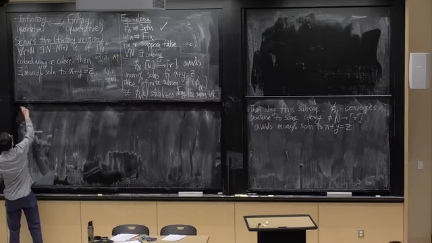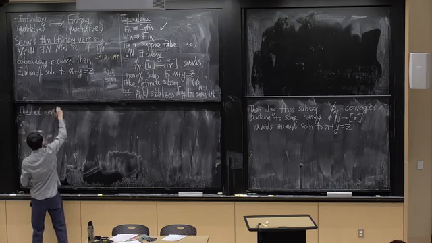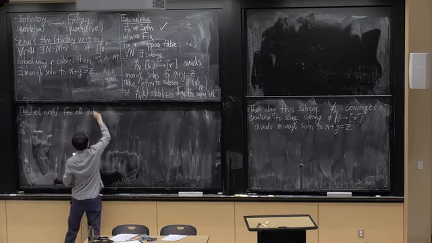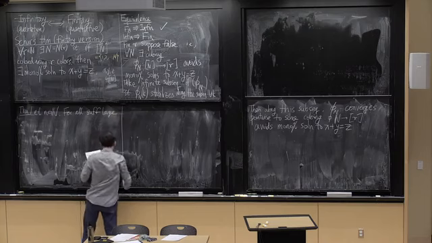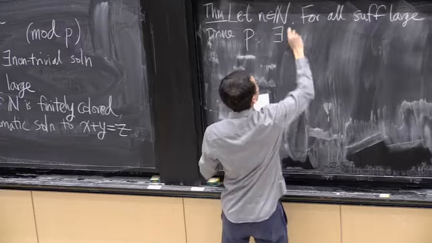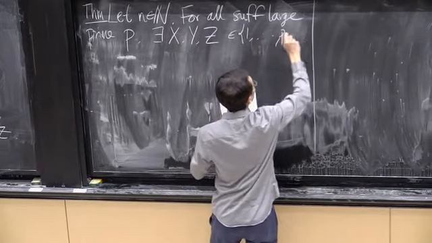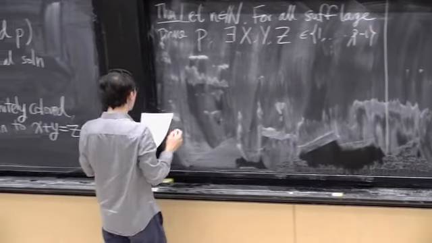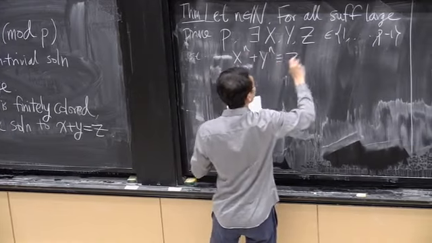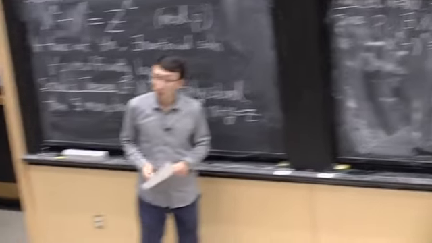So the claim is the following: if you have a positive integer n, then for sufficiently large primes p, there exist x, y, and z belonging to the integers up to p minus 1, such that their nth powers add up like this. So it's a solution to Fermat's equation mod p.